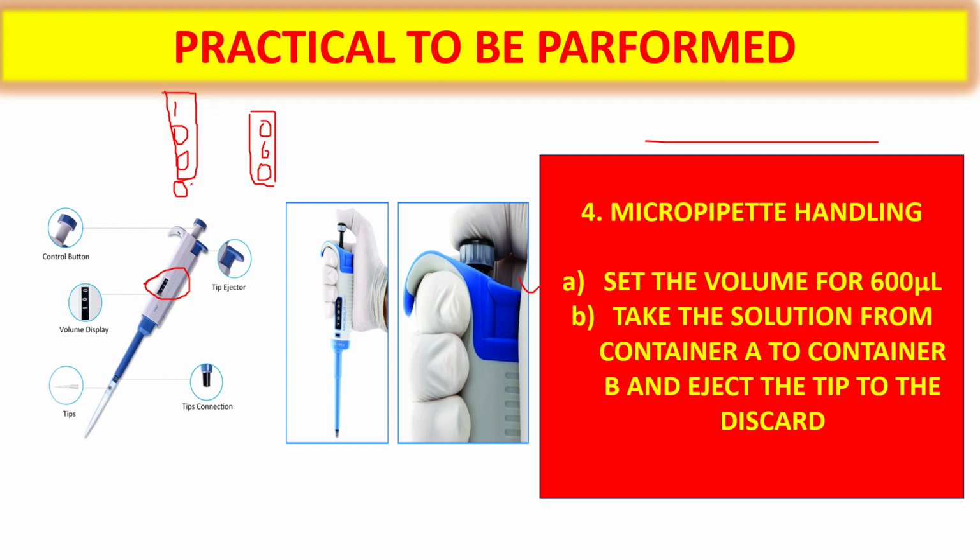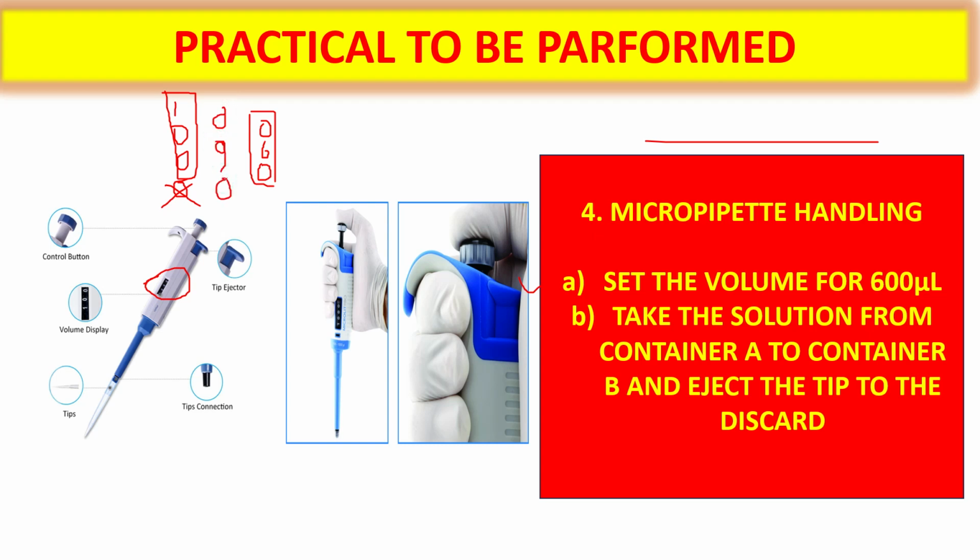If you are asked to prepare 1000 microliter, then we have to set 100. And if you are asked to set 900 microliter, we have to set 090.